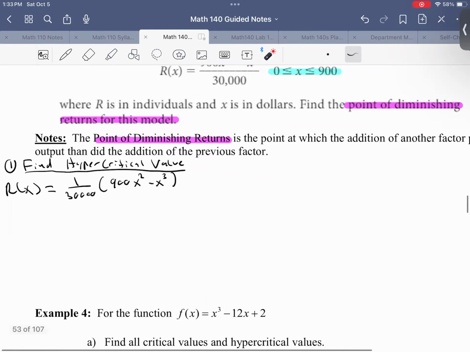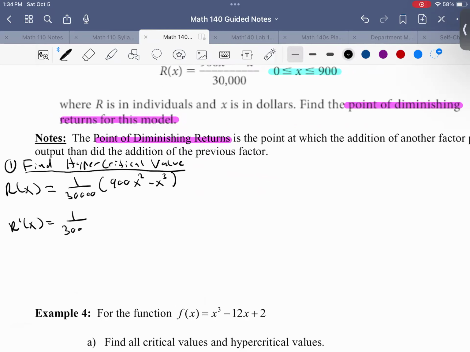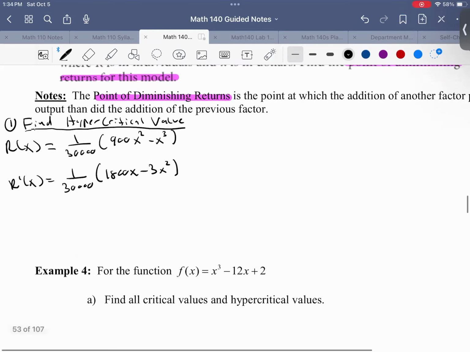The first derivative of this is just going to be the 1 over 30,000 just comes along, but then the derivative of this part right here is just going to be 1800x minus 3x squared. Okay, so that's my first derivative.